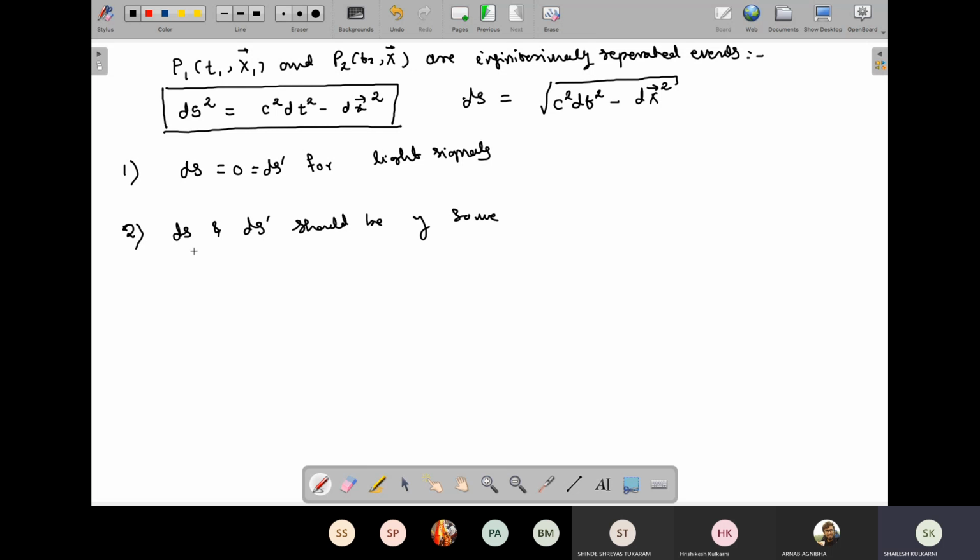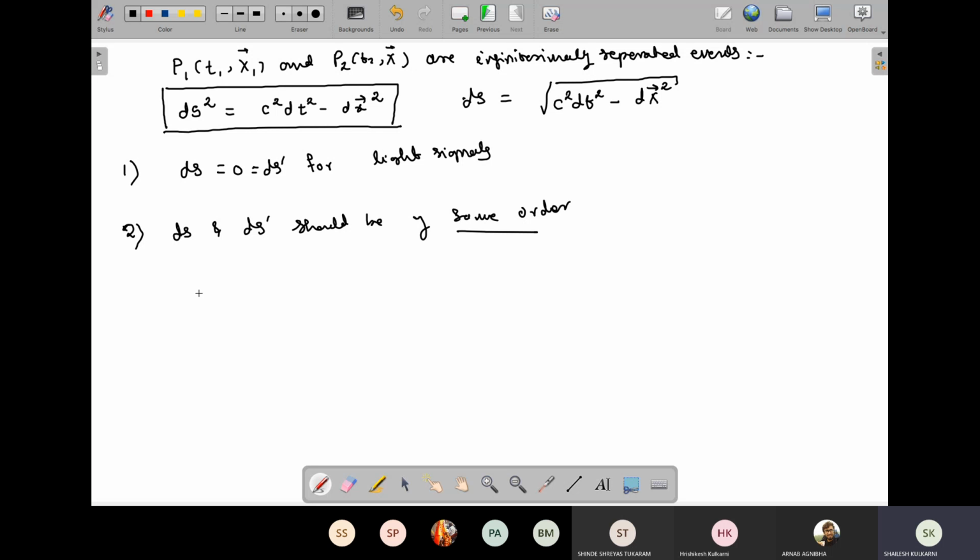I don't know what the relation between them is, but we expect that these two should be of the same order. What do I mean by that? If ds is of first order in dt and dx, ds prime will be an interval of the same two events seen from the K prime frame.